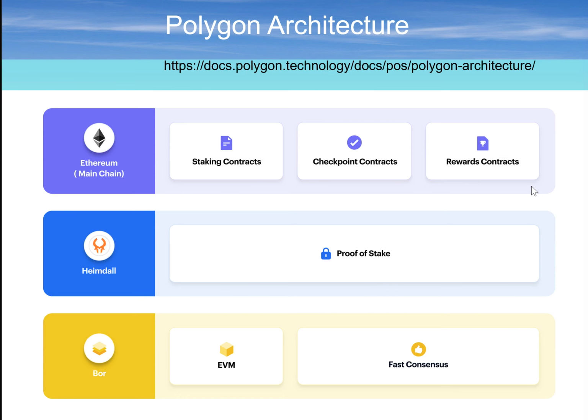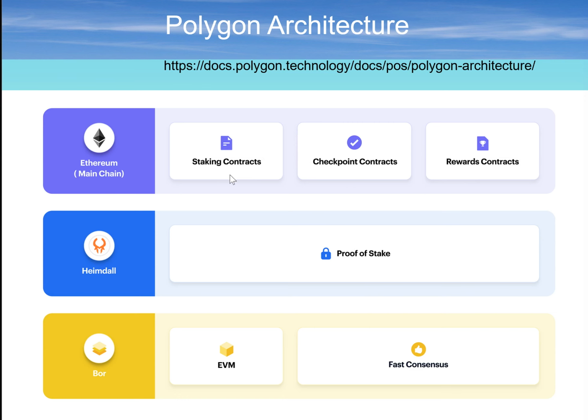So here's the Polygon architecture. Essentially, as we talked about, it's built on top of Ethereum. So this Ethereum is usually called the main chain or root chain. And here there are three Polygon-related contracts called the staking contract, checkpoint contract, and rewards contract.